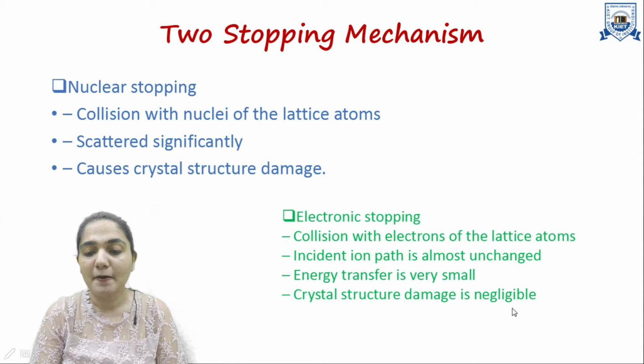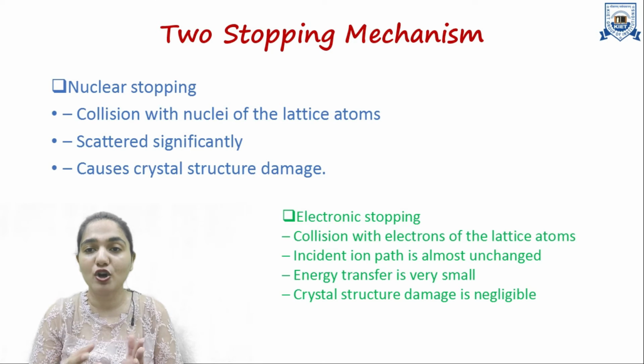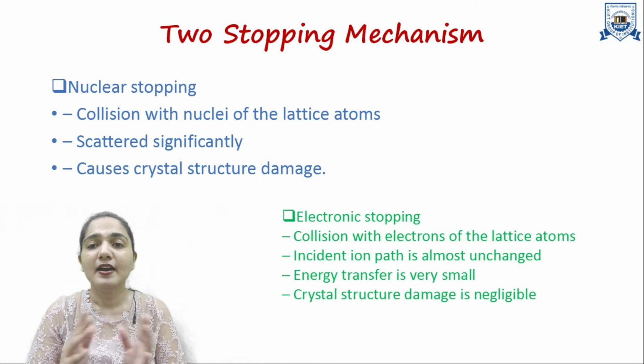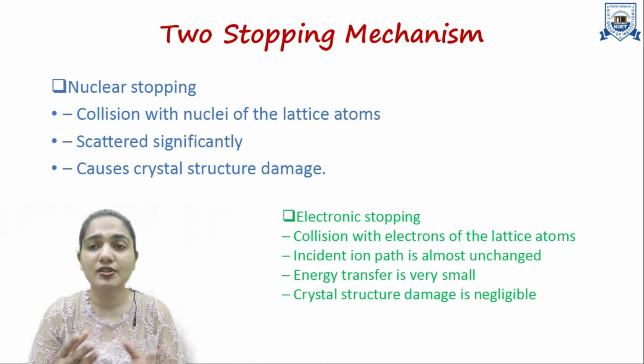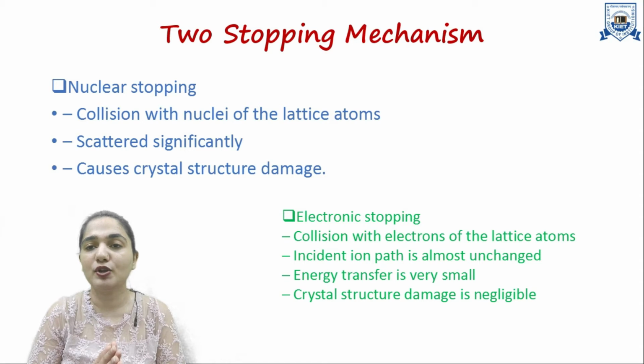The incident ion path is almost unchanged because the mass of the electron is very small, and it is very difficult to change the scattering path of the ion through collision with an electron, because it won't transfer a lot of momentum. Energy transfer is very small. Crystal structure damage will be negligible in this case.